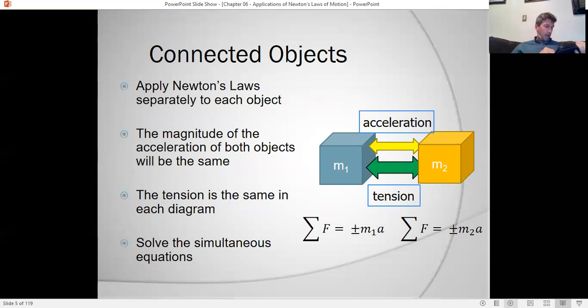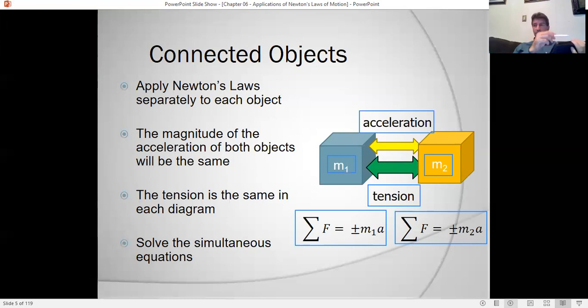So in the case where we have two objects, mass 1 and mass 2, and they're both connected, we'll do an equation for mass 1. We'll do an equation for mass 2. It's going to be a little bit different from what we did with Newton's second law. We said the sum of the forces is equal to the mass times the acceleration. But sometimes the acceleration of one object is equal and opposite to the acceleration of the other object.